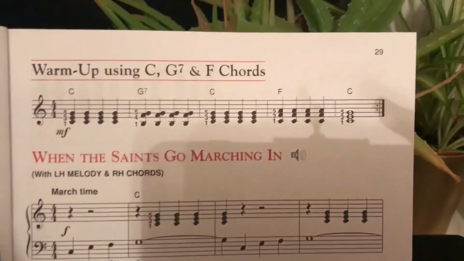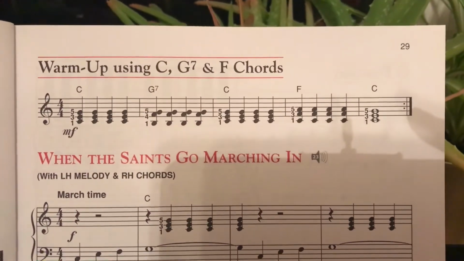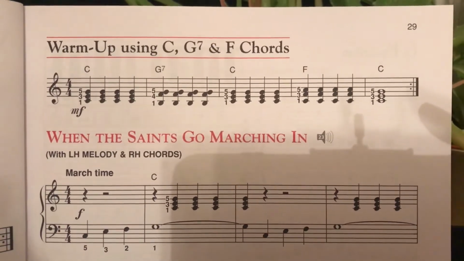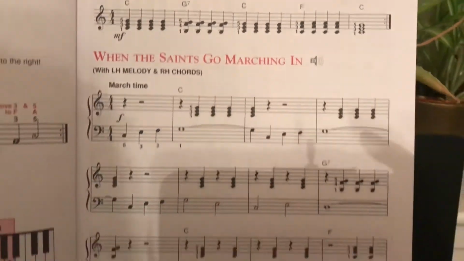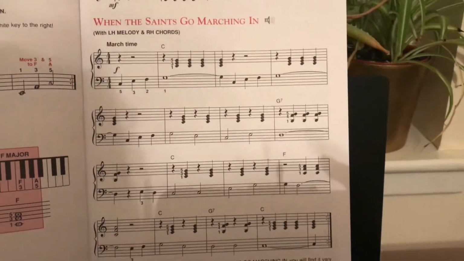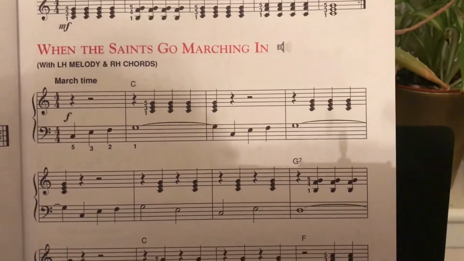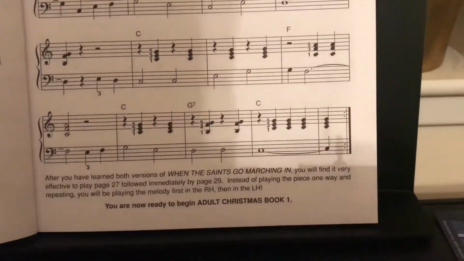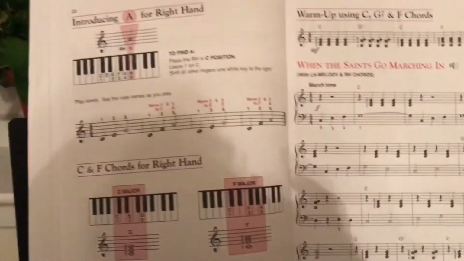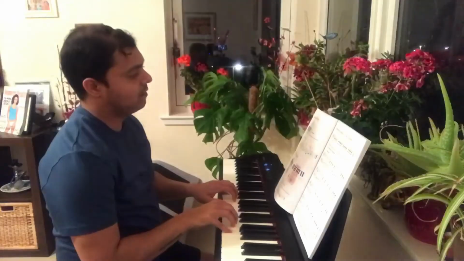Once that is done, we will do a warm up as we did yesterday for the left hand. And finally, we will play When the Saints Go Marching In as we did for the left hand. Okay, so let's start with the A note.